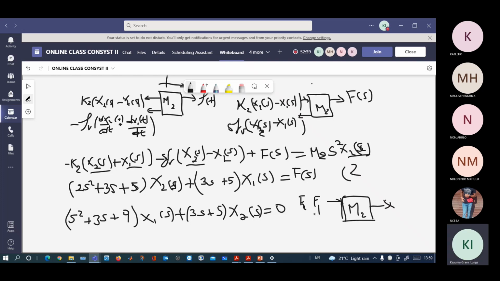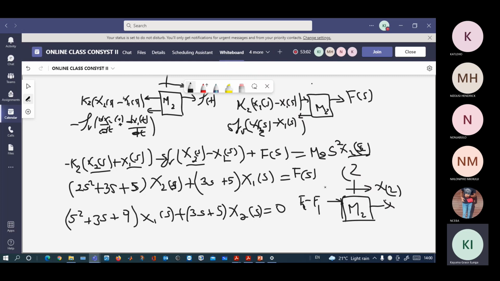Yes, sir, we are together. Yeah. So now I'm taking this force here, I do minus this one. This is before I consider the motion direction. Are we together? Yes, sir. So it's before I consider this x2.